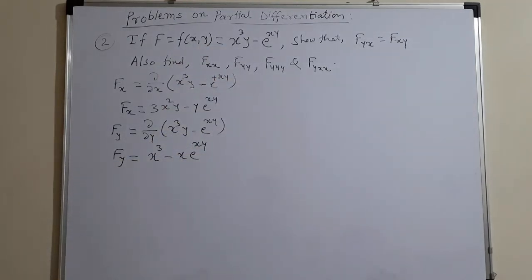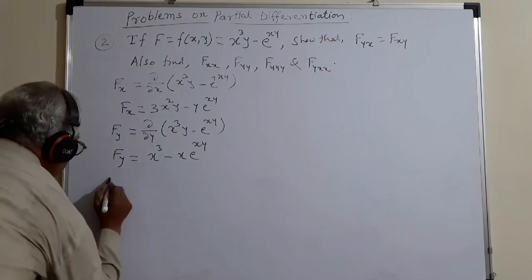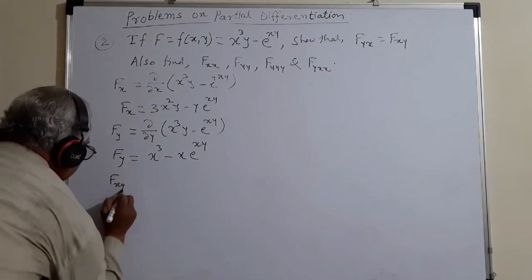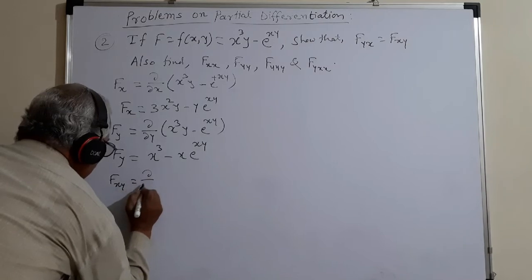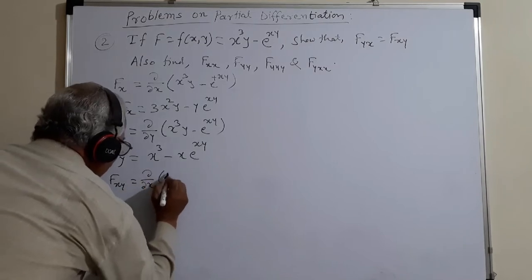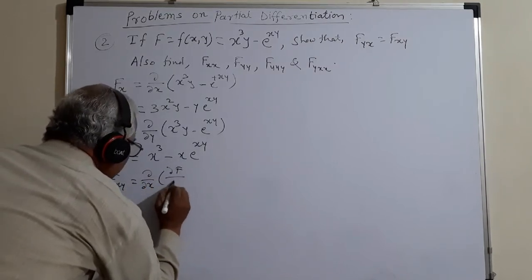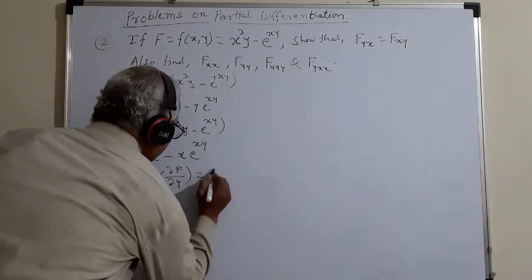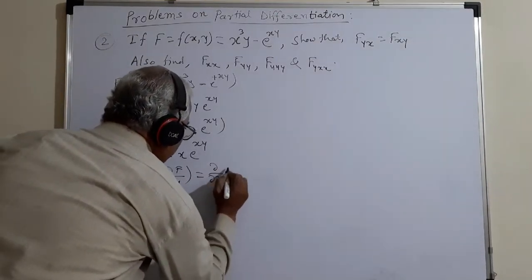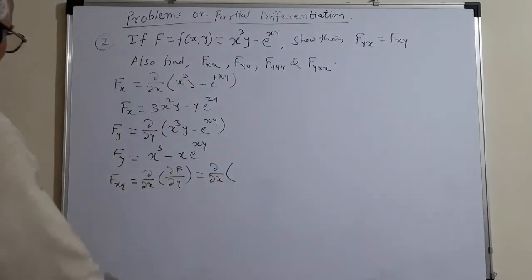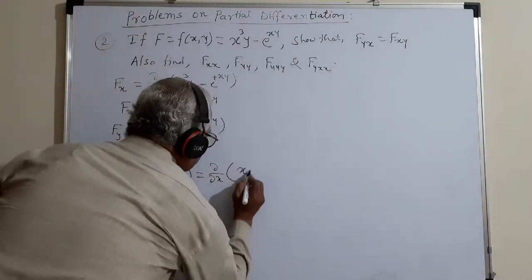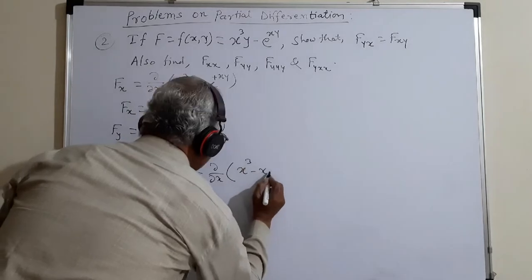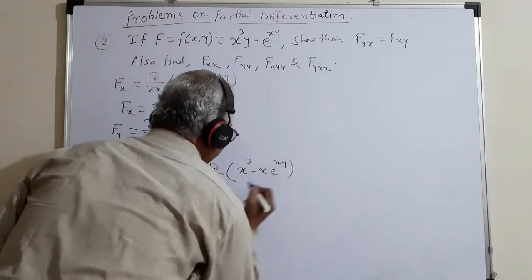So fxy is nothing but dou by dou x of dou f by dou y, which is dou by dou x of x cube minus x e raised to xy.